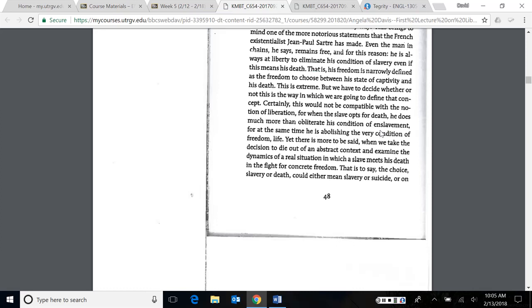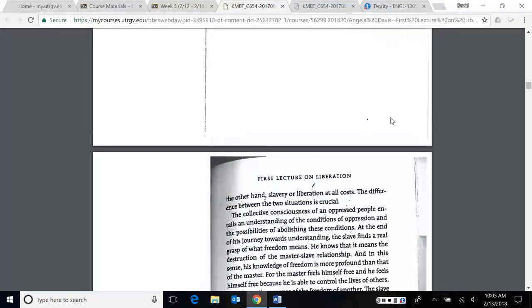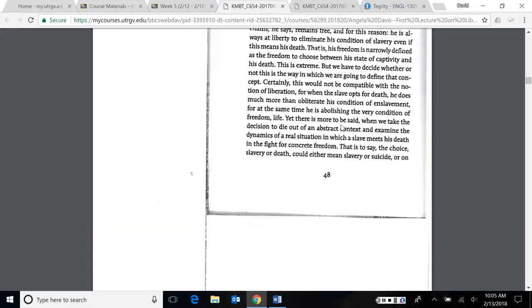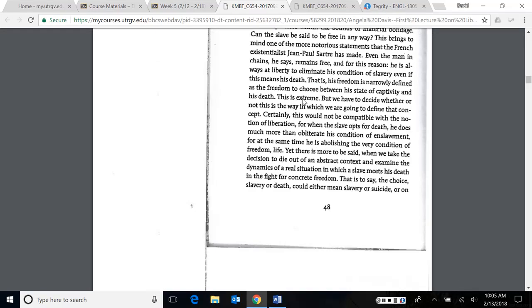And so this is key in philosophy, and she's doing this, again, trying to cram a lot of this information within an hour's worth of a lecture. She eventually, of course, arrives at certain points, right? One pivotal difference, and I think she arrives at it on page 48, is that the slave is free in the sense that he can choose between his state of captivity and his death, right?